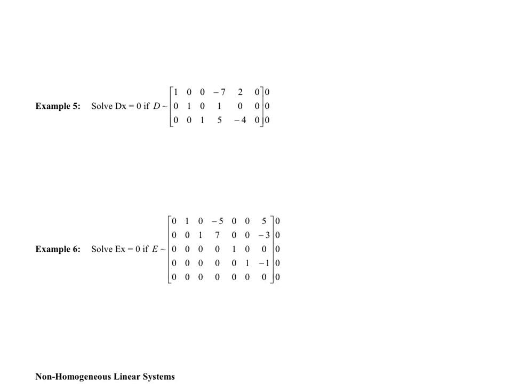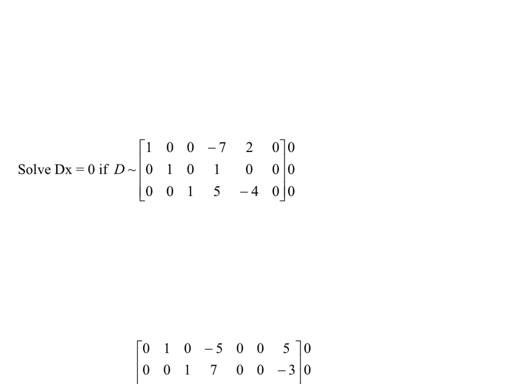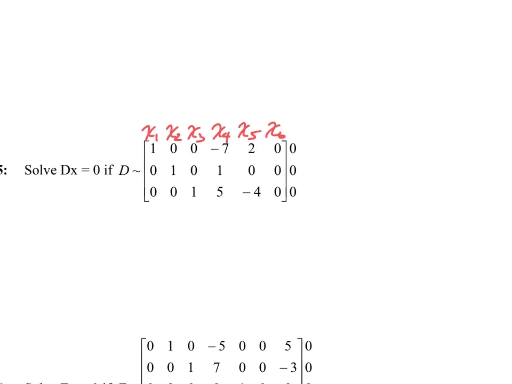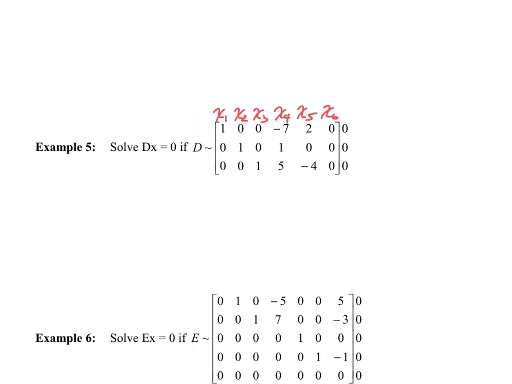All right, so in this case we have, and again, I wouldn't call it a shortcut, but it's just an organizational strategy. It just becomes a little bit easier to see what's going on when you do it this way, in my opinion.